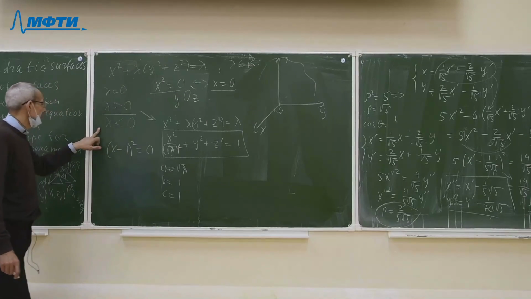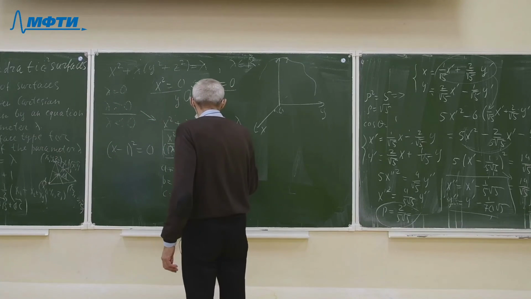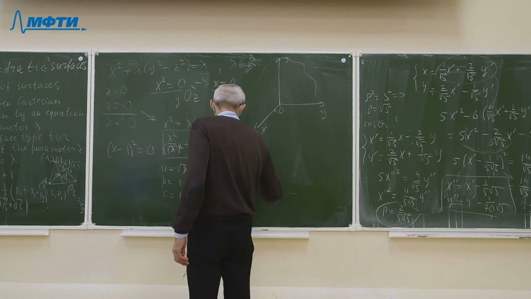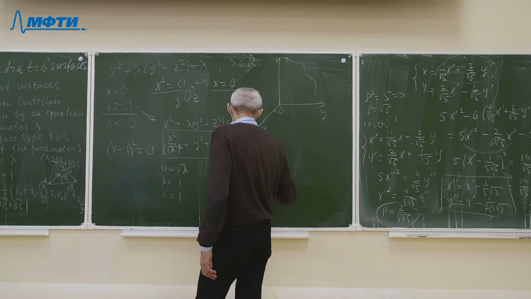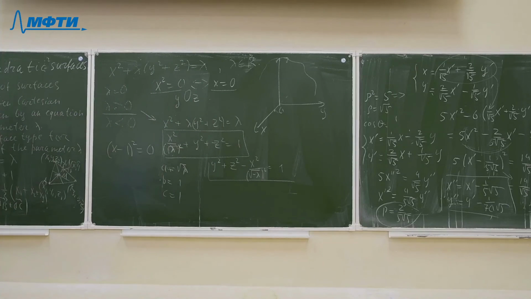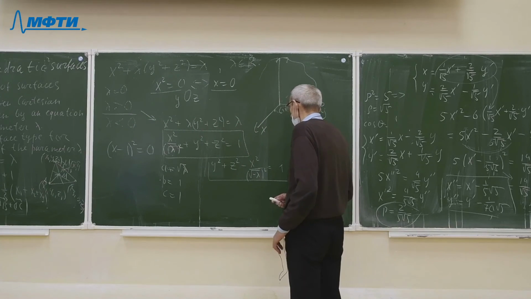In the case when lambda is less than 0, we obtain the following formula: y squared plus z squared minus x squared divided by the square root of minus lambda, squared, is equal to 1. What do we obtain? We obtain a simple hyperboloid.